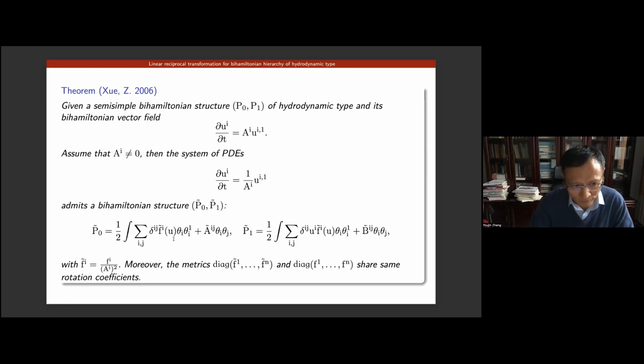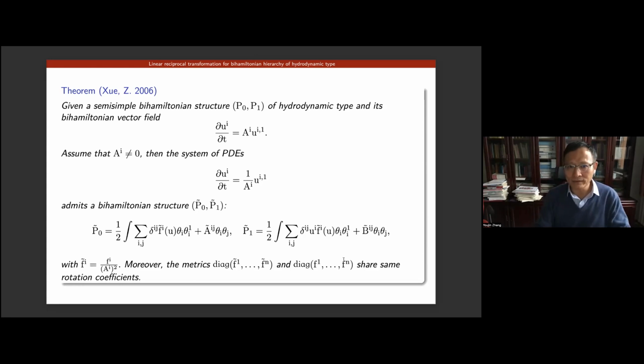These two metrics, given by f tilde 1 to f tilde n, are related to the original f1 to fn by this formula. Also, the important property is that this transformed flat metric and the original flat metric share the same rotation coefficients.